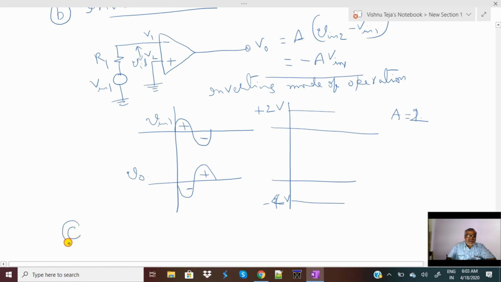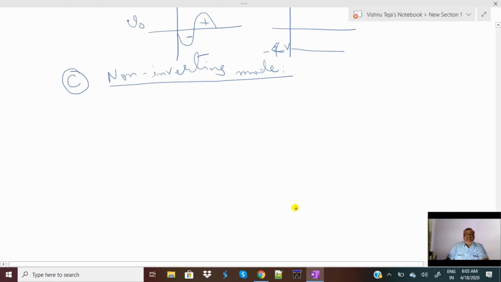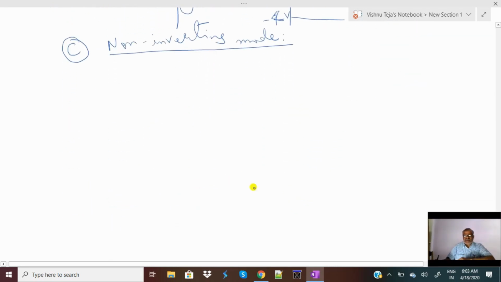And the third mode of operation is the non-inverting mode of operation, or simply the non-inverting amplifier or non-inverting configuration. Whatever name we use, it is the non-inverting mode of operation. So the circuit of this will be like this.